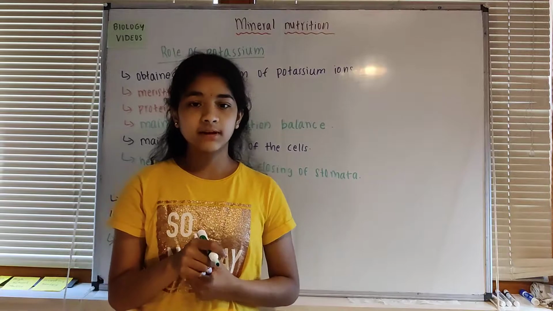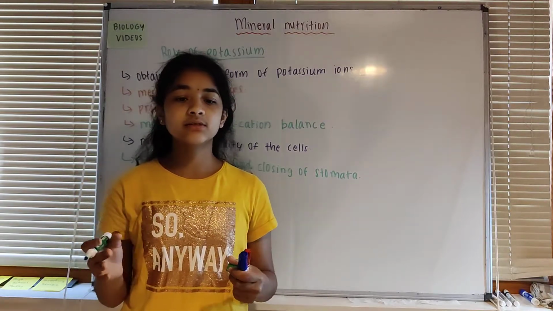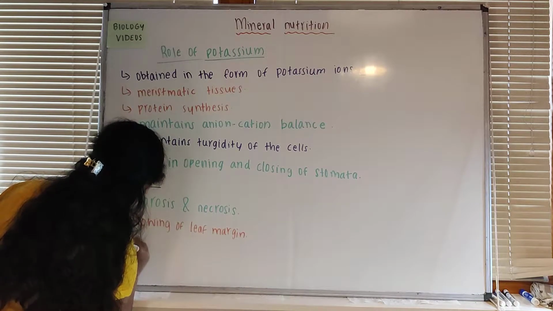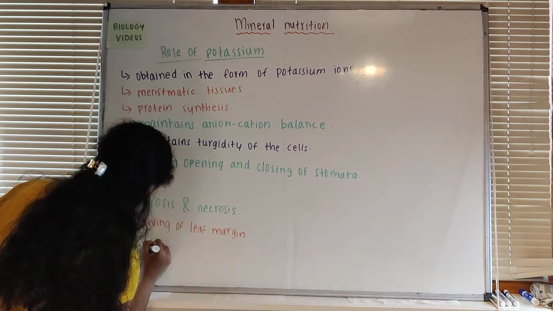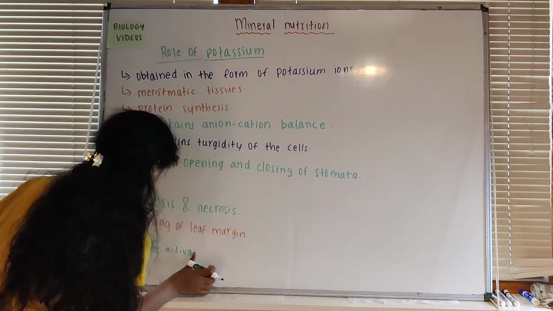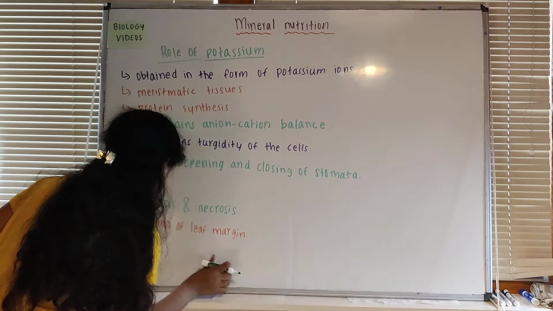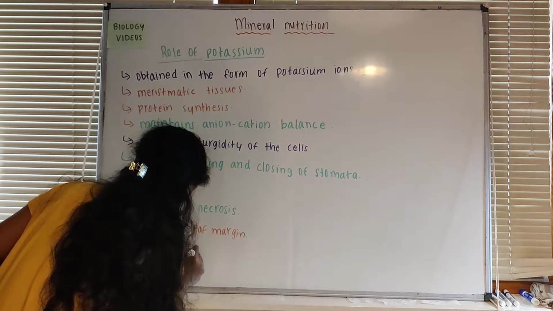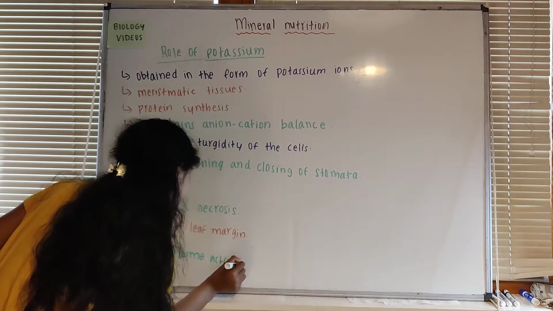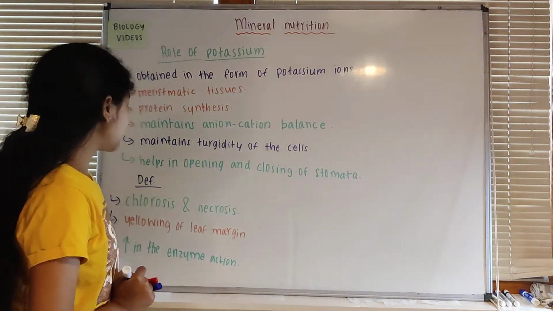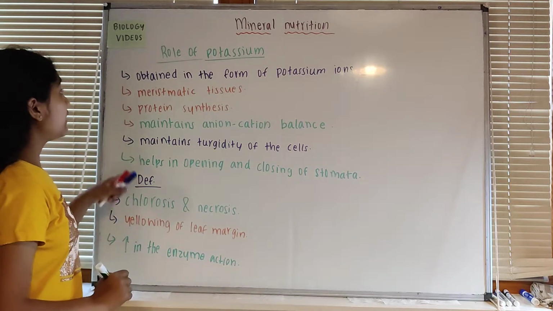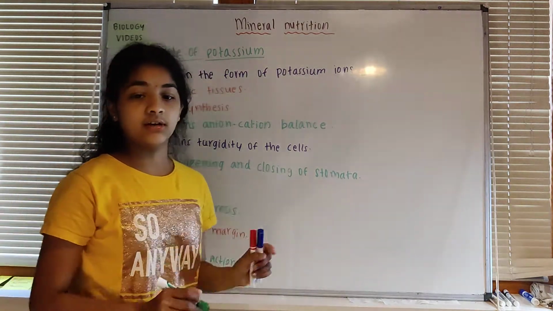The next thing, when there is potassium deficiency, this basically leads to an increase in the activation of enzymes, or enzyme action. Enzyme action increases when potassium is deficient in a plant.